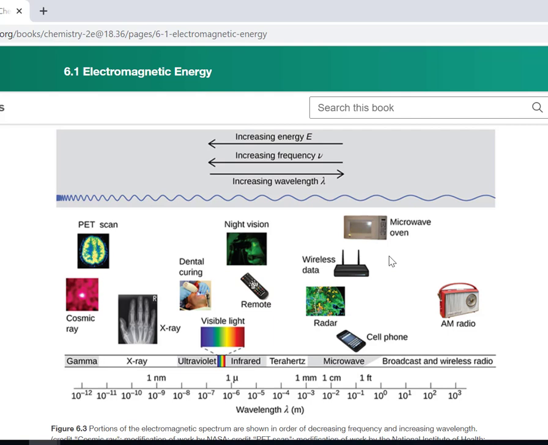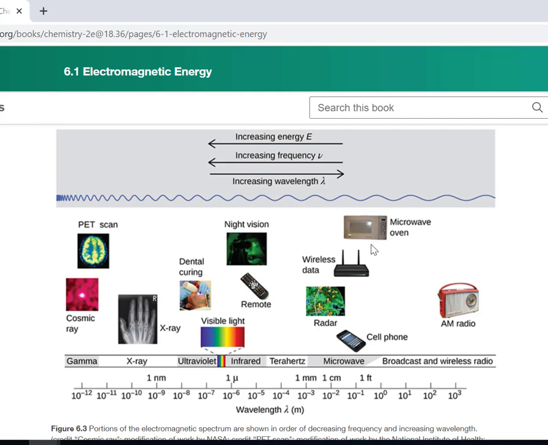The way that the microwave oven works is that it is causing water molecules specifically to rotate. So the wavelength of the microwave oven is designed to cause water molecules to rotate, and when they rotate, they heat up, and when they heat up, your food heats up because your food is full of water. So that's why they work.